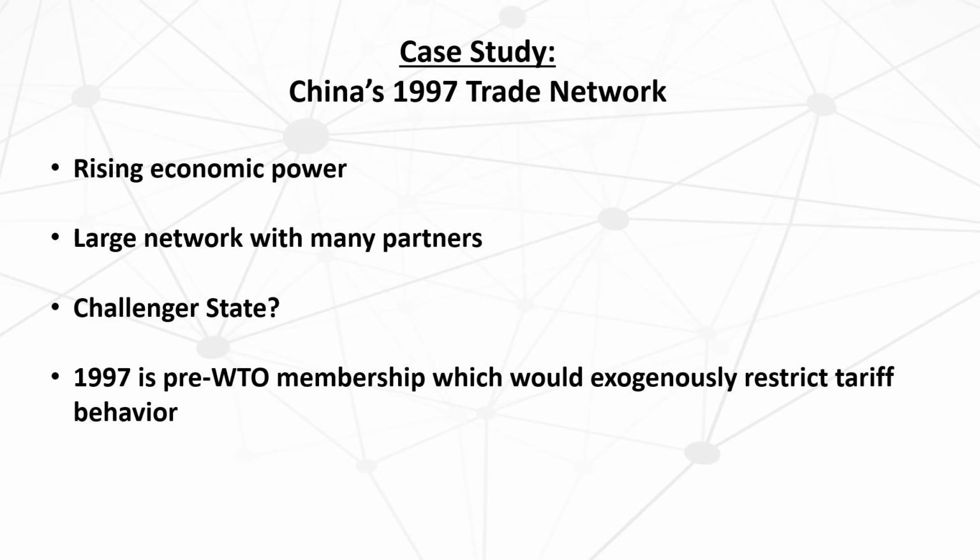Is that influence exploitative in any way? Lots of questions, lots of discussion about that. 1997 is also prior to WTO membership, and the WTO, of course, has rules about imposing tariffs on other states. So that would provide an exogenous restriction on tariff behavior that, by using 1997, I can avoid.